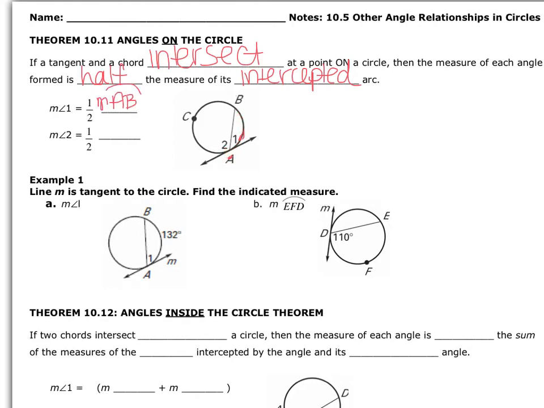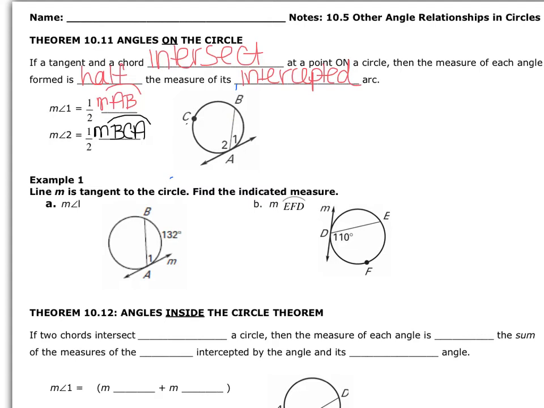Now, to find the measure of angle 2, remember it's the intercepted arc, the arc in between the angle, so that's all of that. So the measure of angle 2 is going to be half the measure of arc BCA. Remember, this is a major arc, so we have to name it with 3 letters. So the measure of angle 1 is half the measure of its arc, and the same thing with 2.